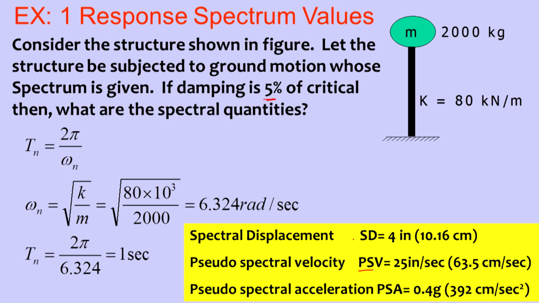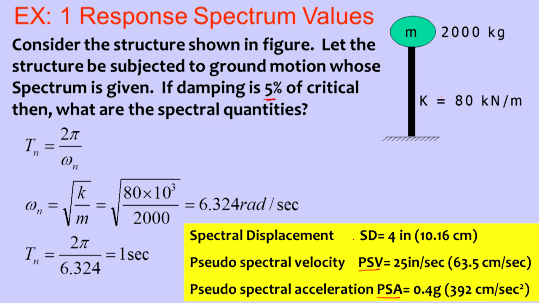We will discuss why we call it pseudo spectral acceleration or pseudo spectral velocity in the next class. So this is spectral displacement, this is pseudo spectral velocity, and pseudo spectral acceleration. For that we need the natural period of the building. The natural period Tn is equal to 2 pi by omega n, where omega n is the natural frequency, which can be calculated using the stiffness and mass parameters.